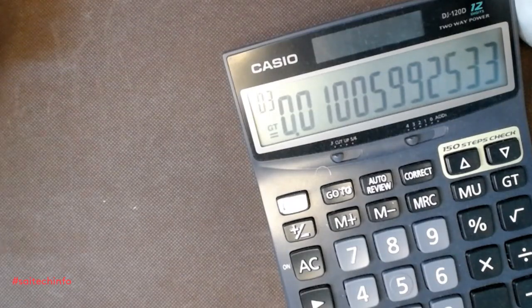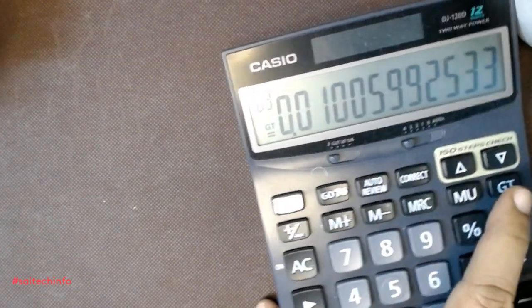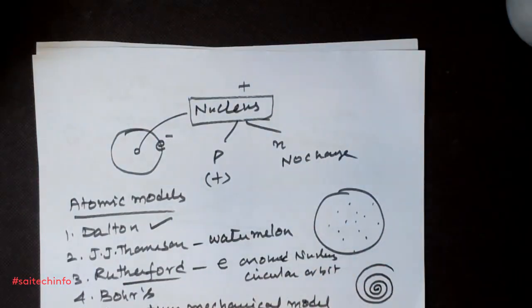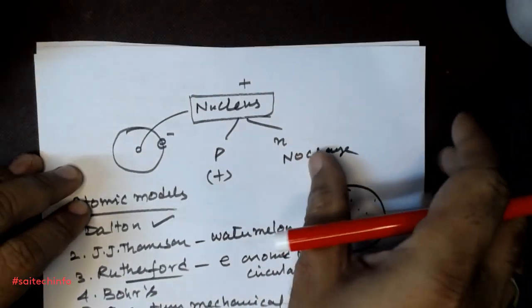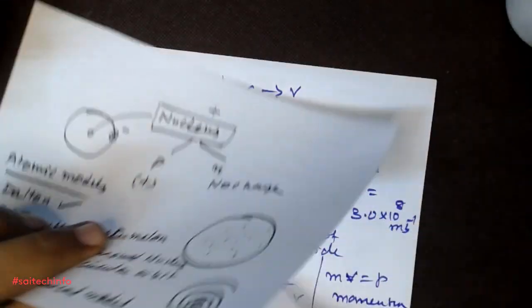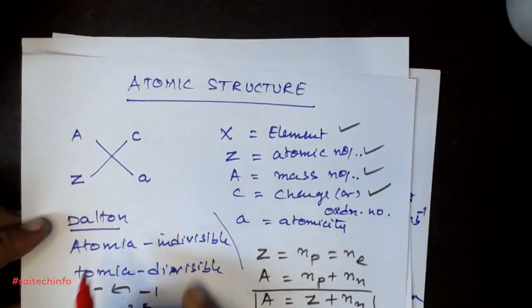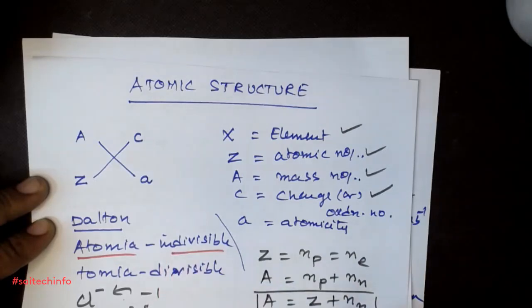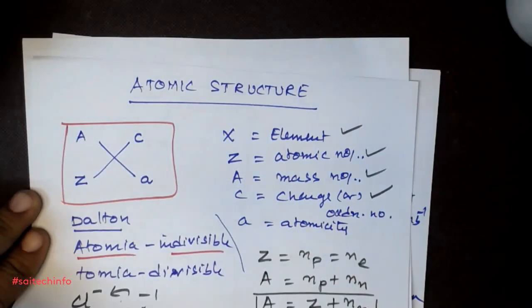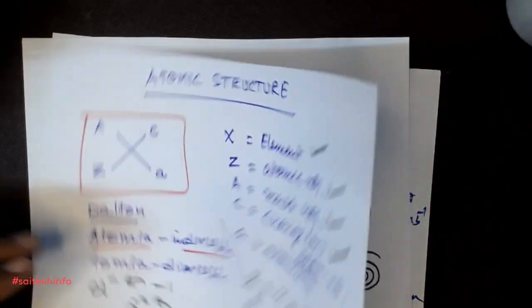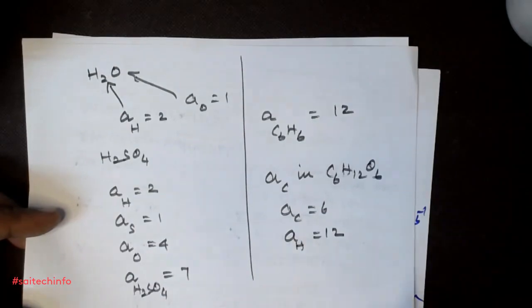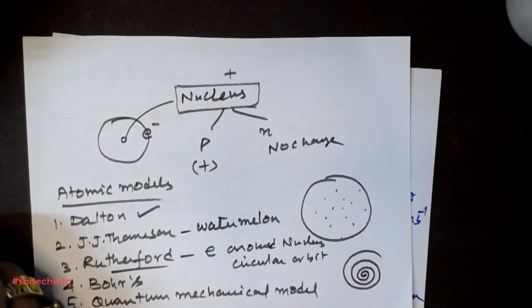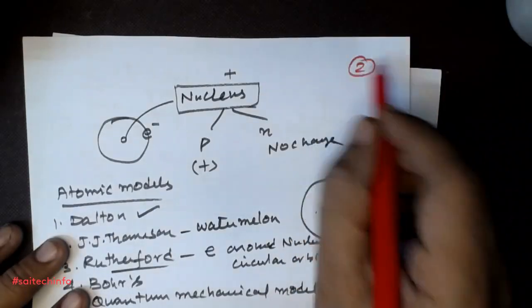So let me summarize whatever we have discussed today. Initially we explained about atomic structure, which is based on atom, atomia, indivisible, and how to represent the element with Z and A, and atomicity, and then the subatomic particles.